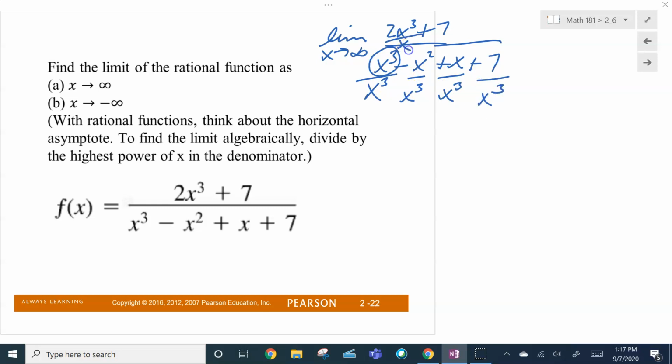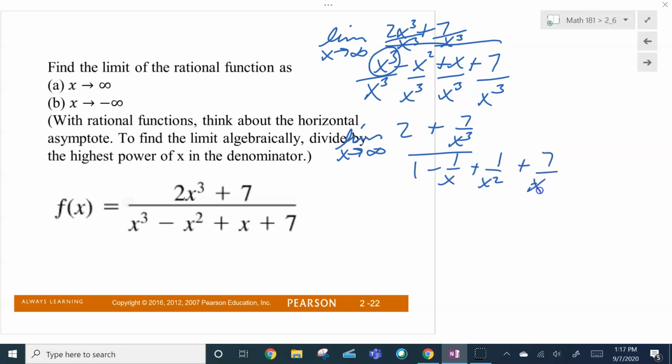So I'm multiplying the top by 1 over x cubed, multiplying the bottom by 1 over x cubed. What I have is the limit as x goes to infinity of (2 + 7/x³) over (1 - 1/x + 1/x² + 7/x³). As x goes to infinity, that goes to 0, this goes to 0, this goes to 0, that goes to 0.